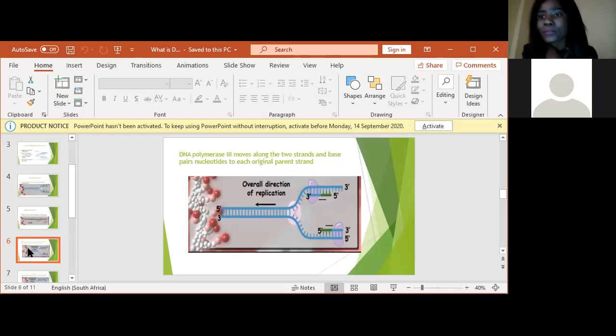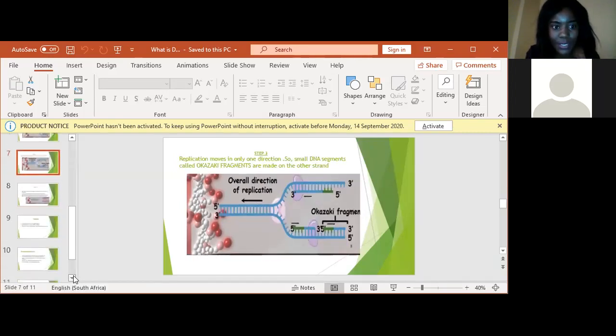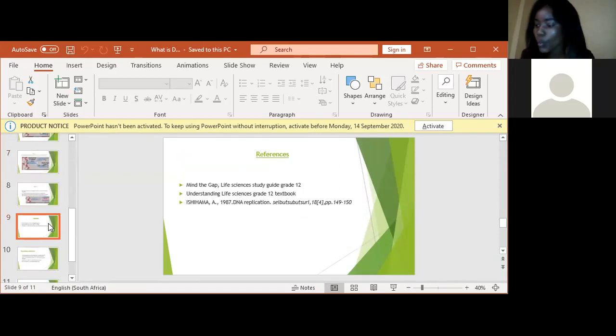The third enzyme is DNA polymerase 3, which on the leading strand needs only one primer and everything goes continuously, whereas on the lagging strand, we need a primer for each Okazaki fragment formation. Lastly, DNA ligase joins everything together.